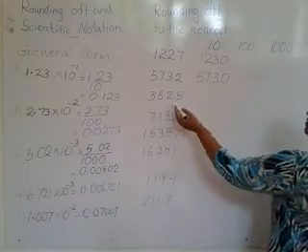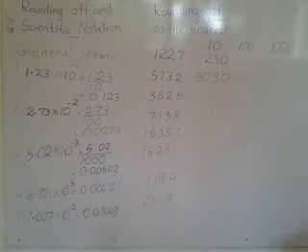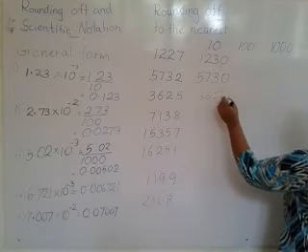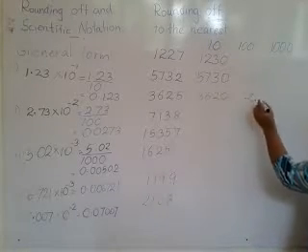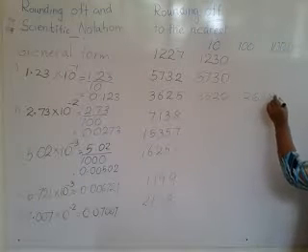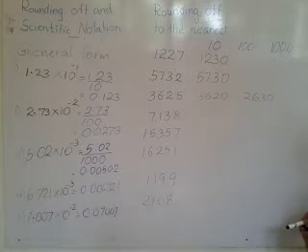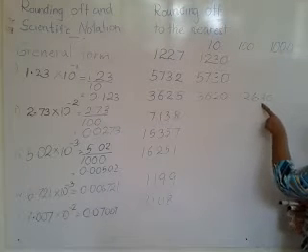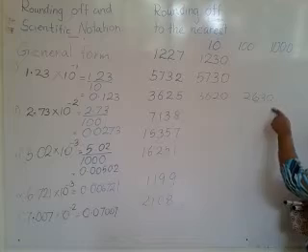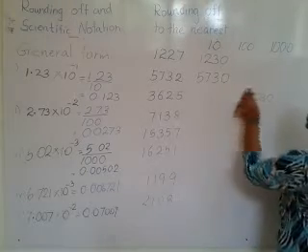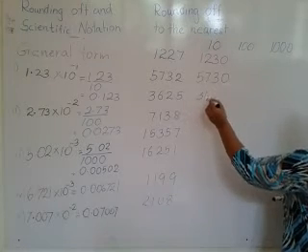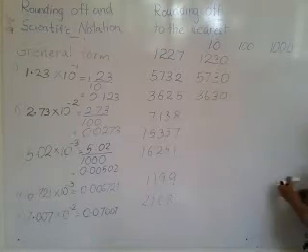And when we consider this one, 3625 is between 3620 and 3630. Which number is it closer to? It is halfway between them, so we have to take the higher one. 3630 is the answer.